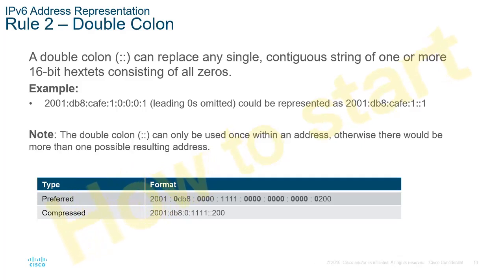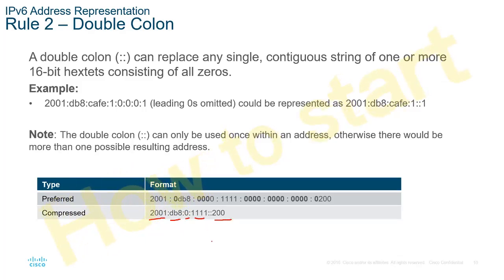We know that there are 8 hextets. So when we see a double colon, that means all of the remaining hextets between those double colons are zeros. So first and second and third hextet, actually I'm going to grab my pen so we can do that. First, second, third, fourth hextet are all zeros.